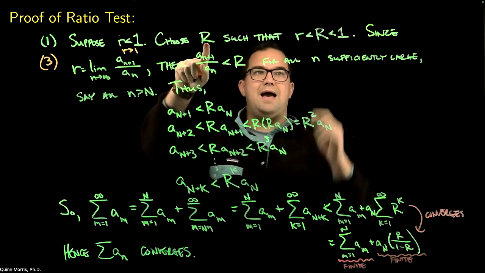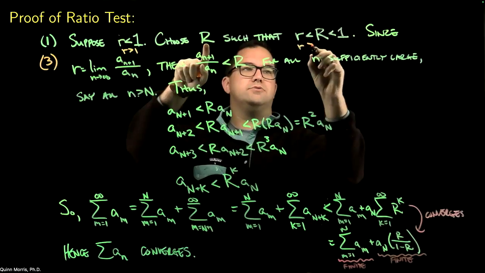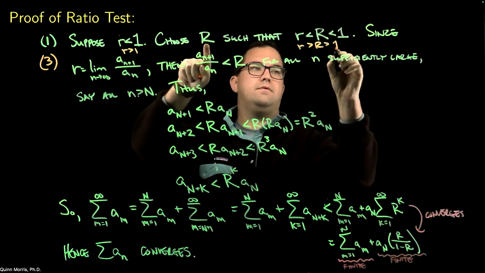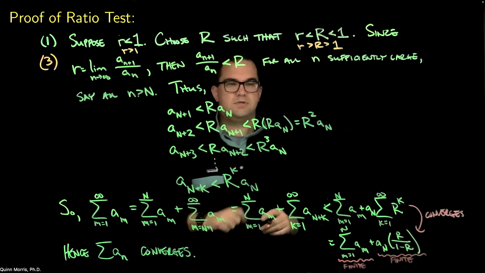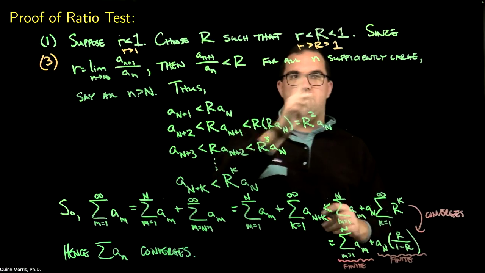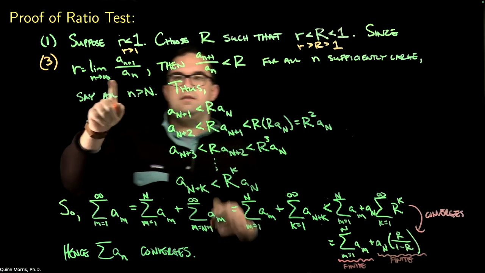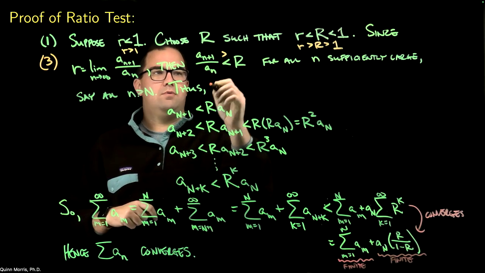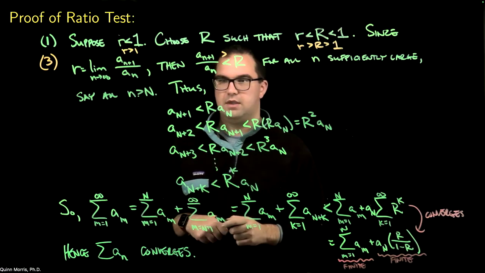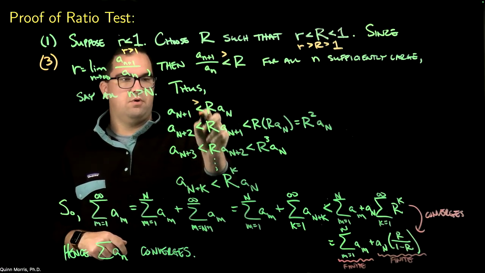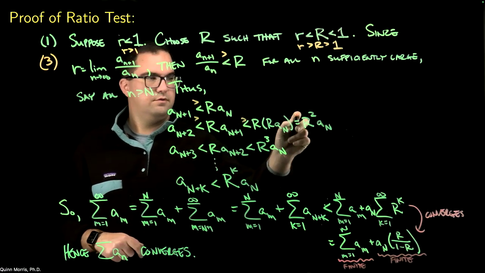But then I'm going to choose a capital R, and I'm just going to flip these inequalities around. So I can still choose a capital R between little r and 1, it's just that now that's bigger than 1. And then this will all work, except this inequality will be turned around. And now all of these inequalities will be turned around.